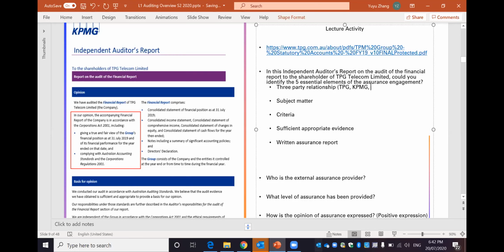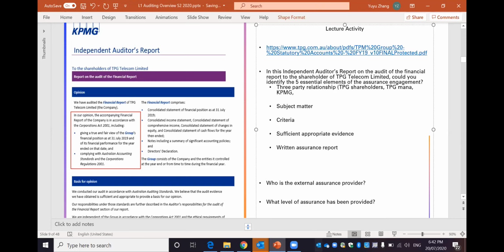So who is TPG? The directors. Let's say TPG shareholders, TPG management, and also KPMG. Is that right?